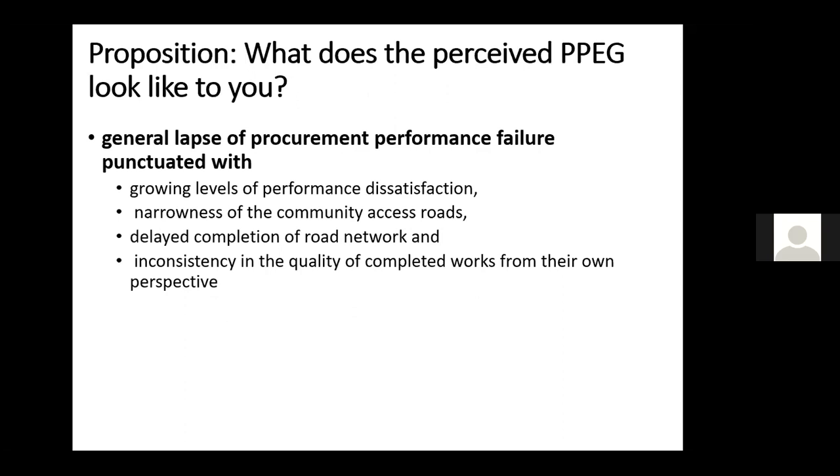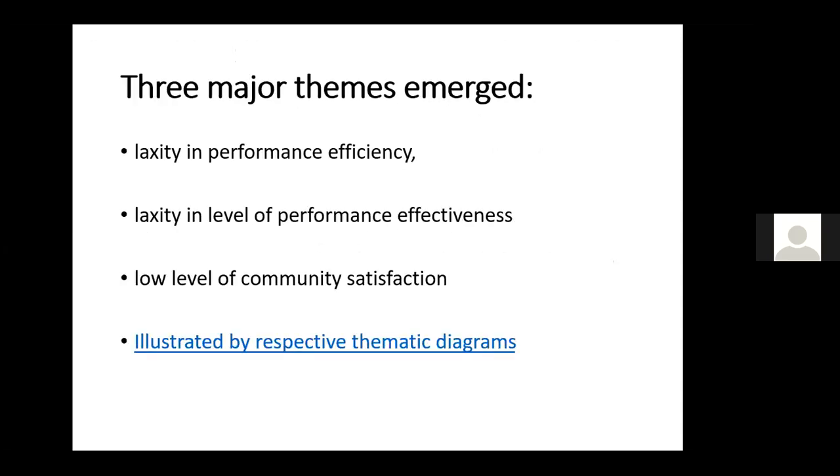Chair, we had the leading proposition looking at the nature of procurement performance expectation gap and how the different stakeholders perceived it. From the results of the qualitative data, they perceived it to be a general lapse in procurement performance failure, punctuated by growing levels of performance dissatisfaction, narrowness of community access roads, delayed completion of road networks, and inconsistency in the quality of completed works from their own perspectives.